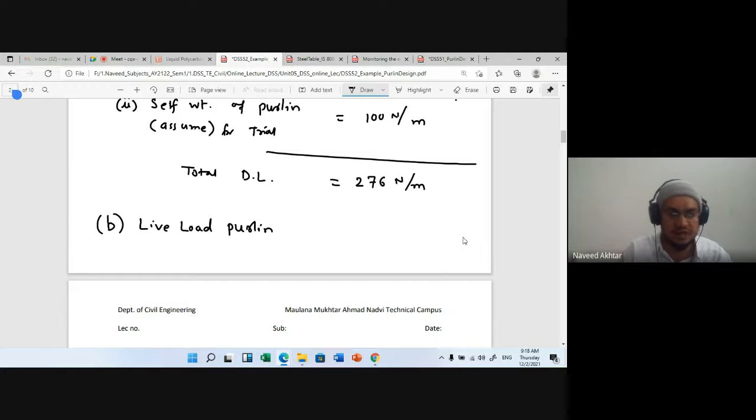We have already calculated the live load when finding the final point load, from table 2 of IS 875 part 2. Live load is also called imposed load.